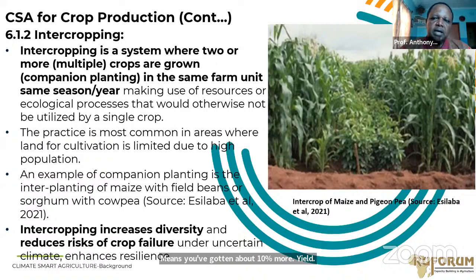So maize, pigeon pea intercrops are considered to be some of the best because they can even give you 1.4. That means 40% more than you get in a single stand maize crop. So productivity is increased.